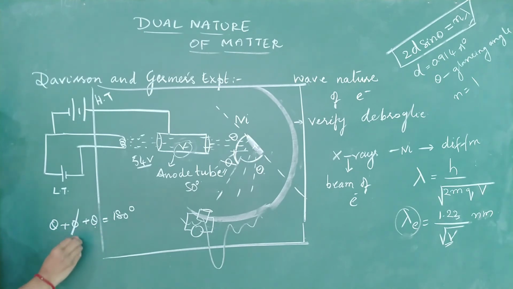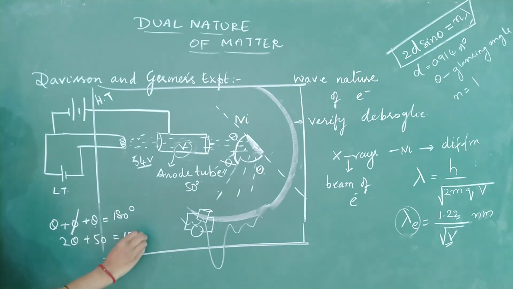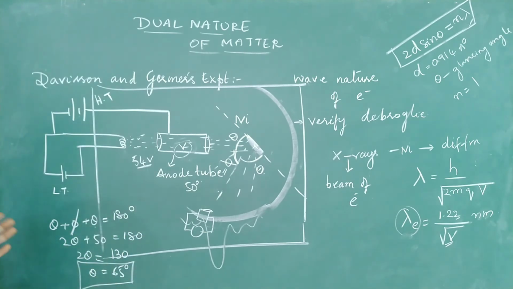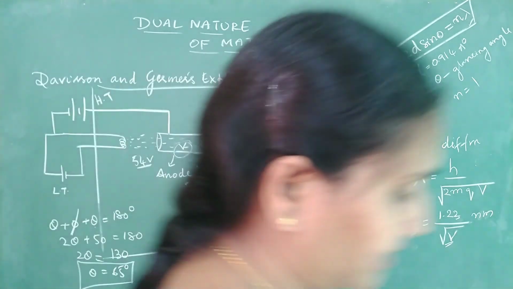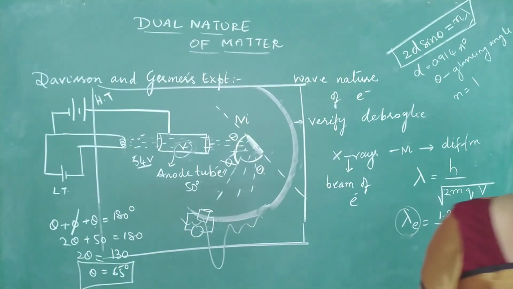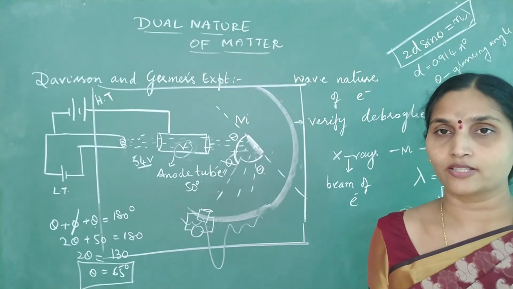Then 2 theta plus 50 is 180, or 2 theta is equal to 180 minus 50, 130. Theta came out to be 65 degrees. So the first part is already verified. Electrons are showing the phenomenon of diffraction, so they definitely have the wave nature.